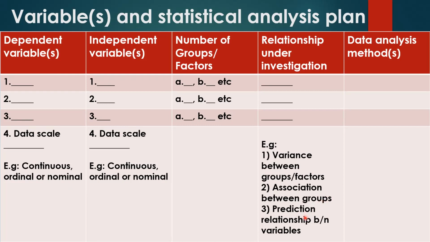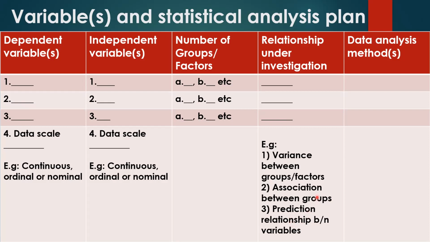Or prediction. Prediction is a kind of regression. You do regression analysis, so your independent variable is used to predict the dependent variable. But we are going to see more of that.